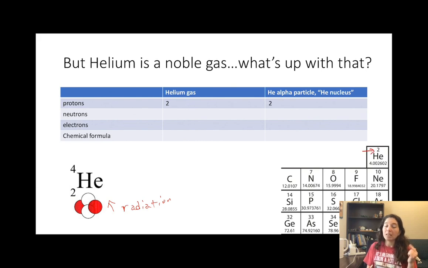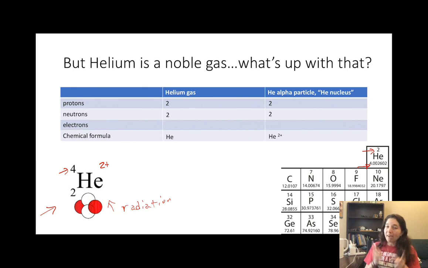The helium alpha particle down here has 2 protons too. Neutrons: helium gas has 2 because it's got a mass of 4, so 4 minus 2 is 2. The helium alpha particle also has 2 because 4 minus 2 is 2. The chemical formula for helium gas is He, but for the helium alpha particle, it's He2+.